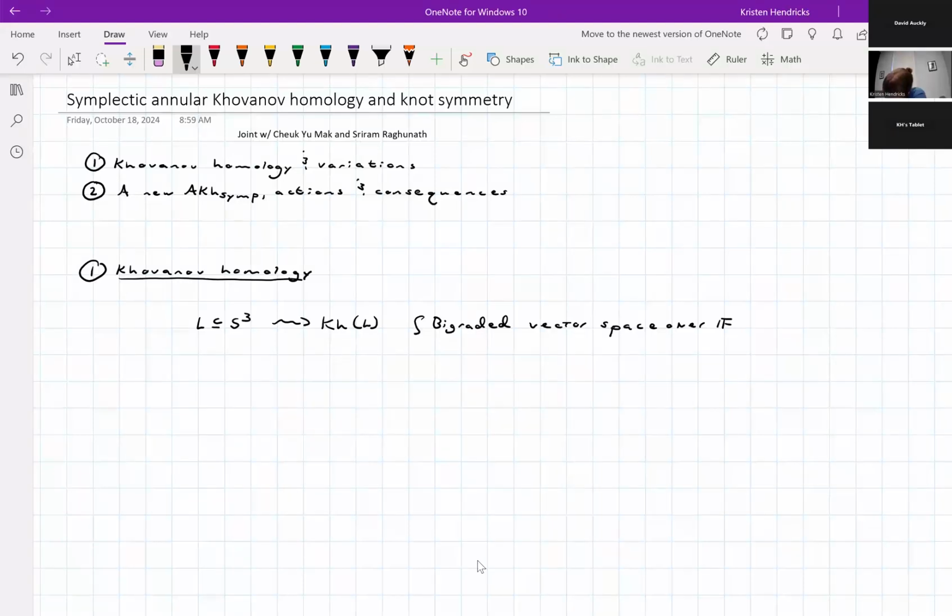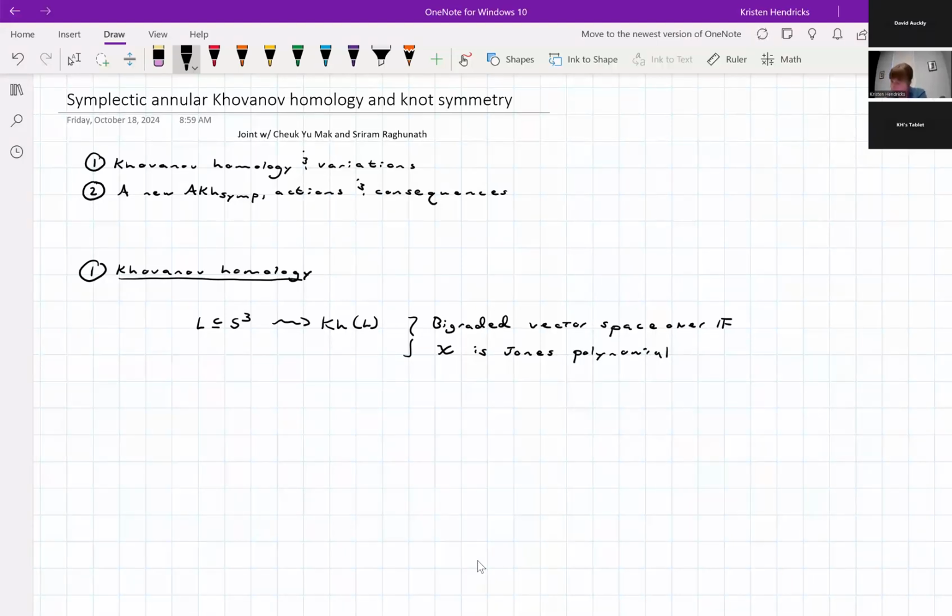And its Euler characteristic is the Jones polynomial. What does the definition of this look like?